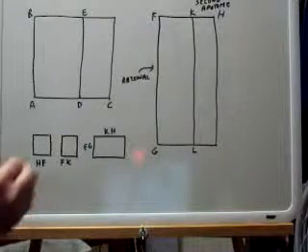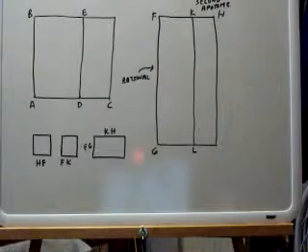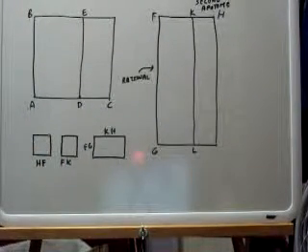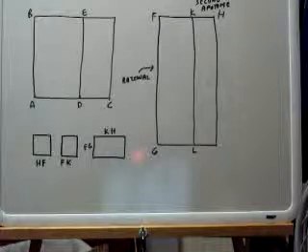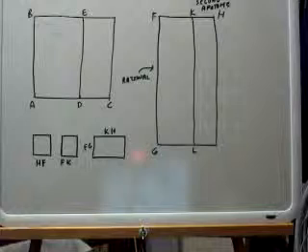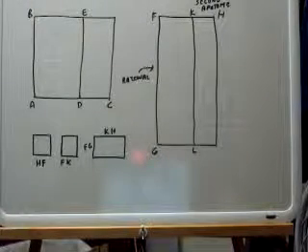Now the square on HF, that's this one right here, is greater than the square on FK, which is this one right here, either by the square on a straight line commensurable with HF, or by the square on a straight line which is incommensurable with it.